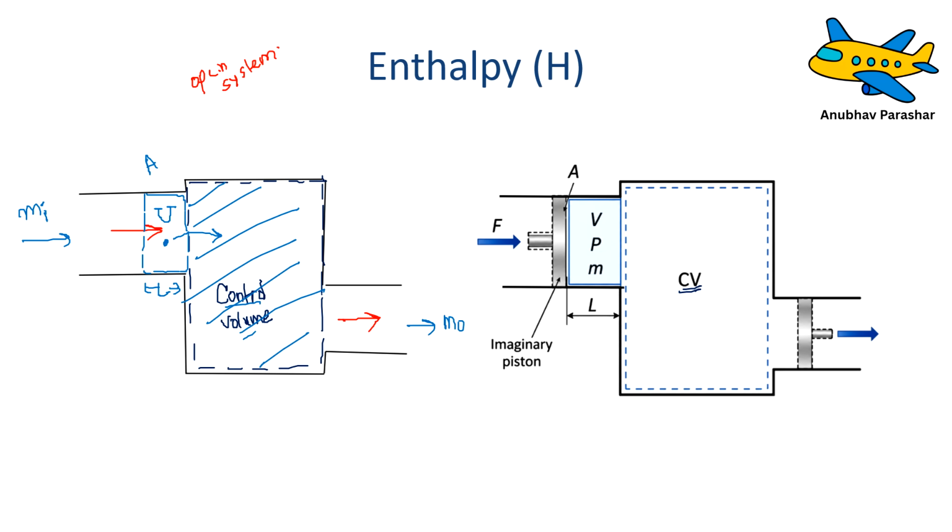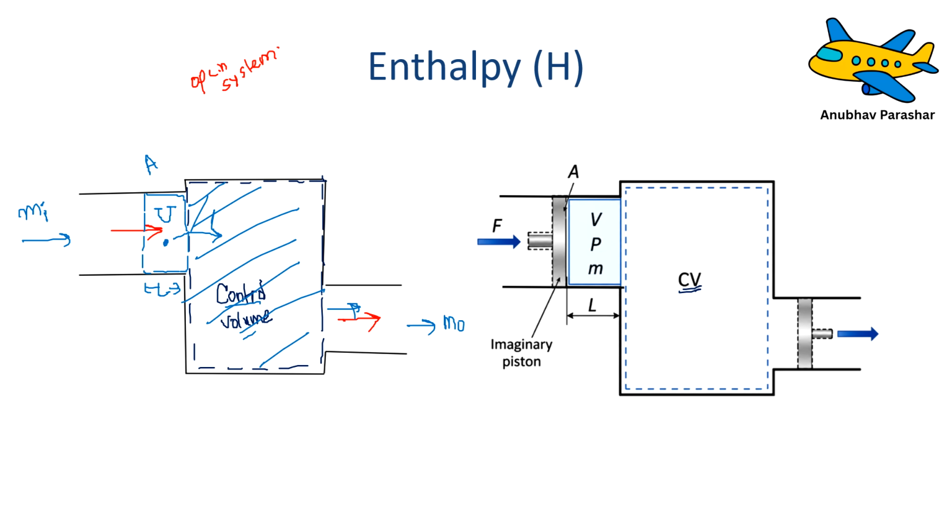Now this element, whose volume is A into L, why is it going inside? How is it going inside? Who is making it go inside? Because if it wants to get inside, it will have to push some amount of mass out. So where did it get all this energy from?